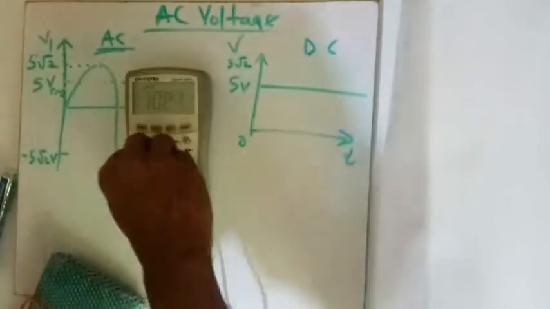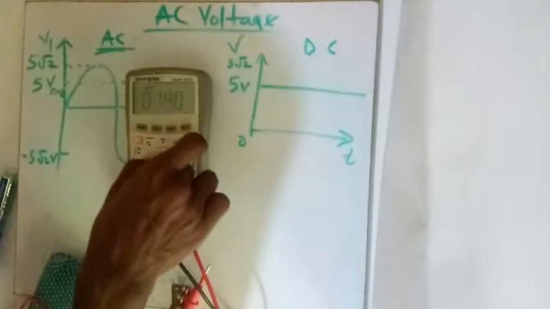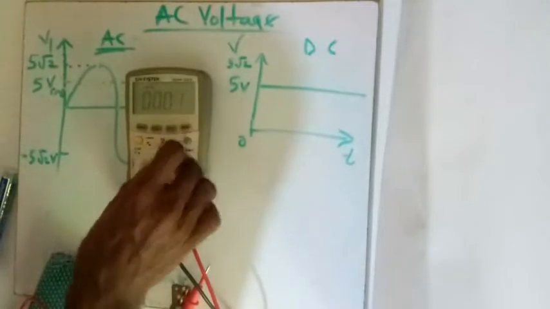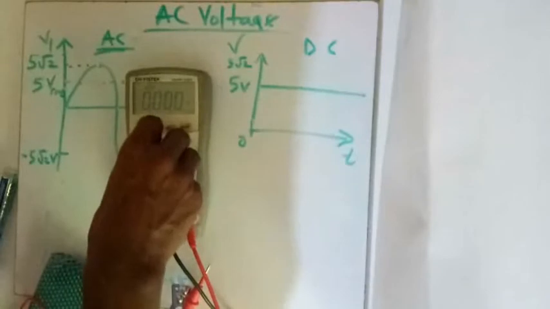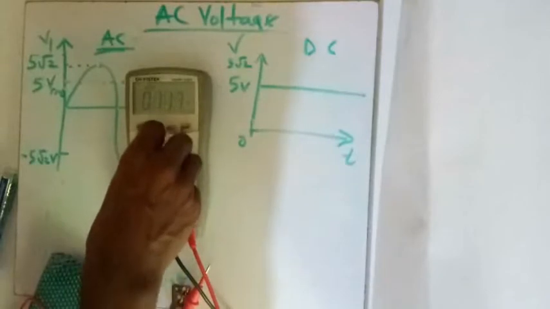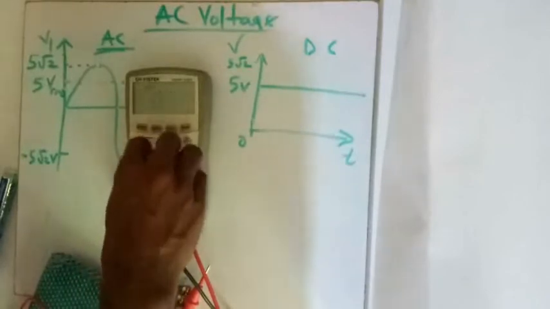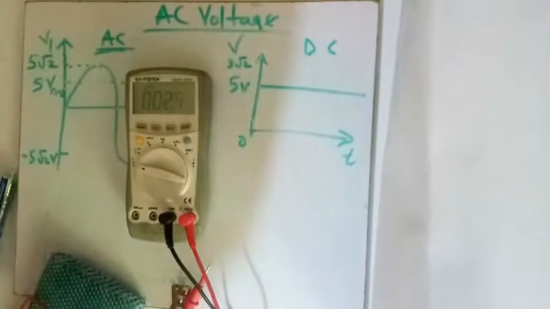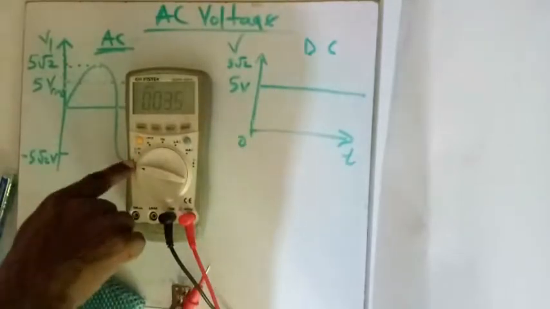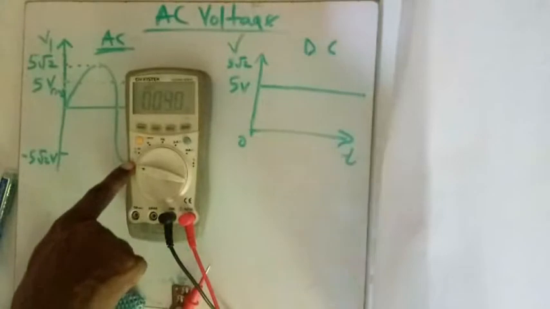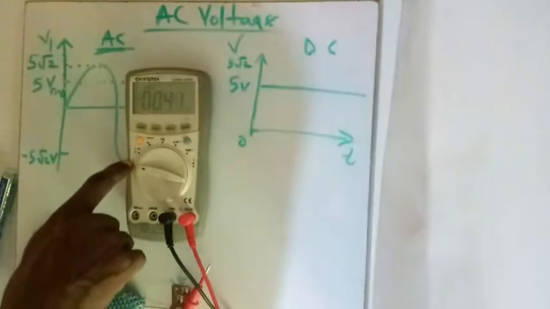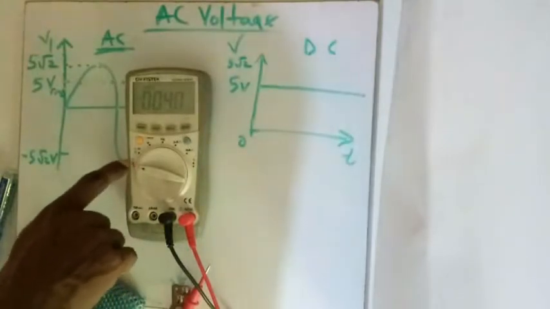This is the knob to select different voltage readings of the different electrical quantities we want to measure. If you want to measure voltage here, I don't know if you can see this clearly, we have a straight line and another. This is so we can measure both DC and AC.